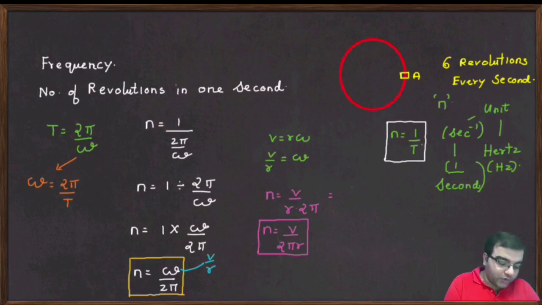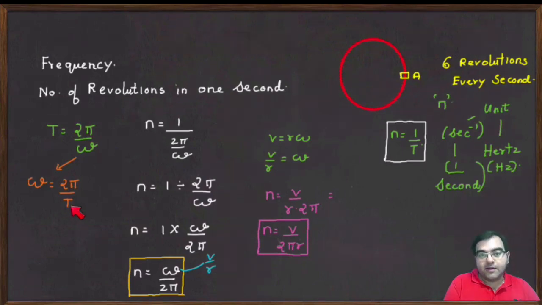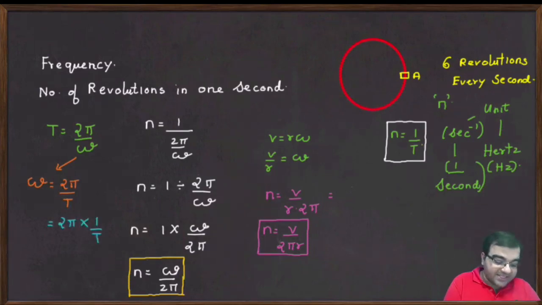Now from this formula, if I want to find out omega, I can say omega is equal to 2 pi upon T. Right? If I take this omega up, T down, I can say omega is equal to 2 pi upon T. At the same time, I can just split this and write 2 pi into 1 by T. I can write omega as 2 pi into 1 by T. And I know 1 by T is what? n.